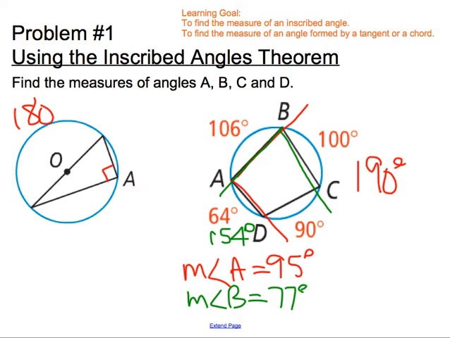Working our way around to C, drawing angle C here, we have 64 plus 106. That's a total of 170. And 170 divided by 2 gives us the measure of angle C being equal to 85 degrees.